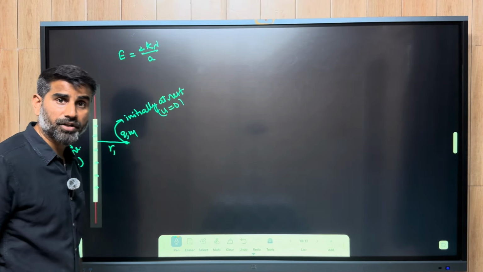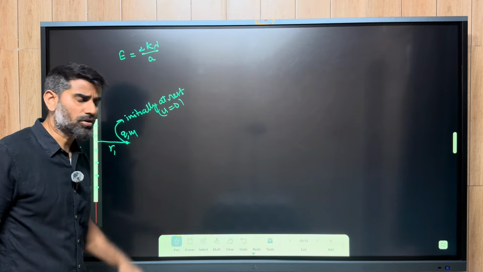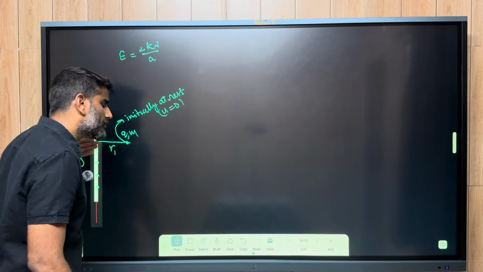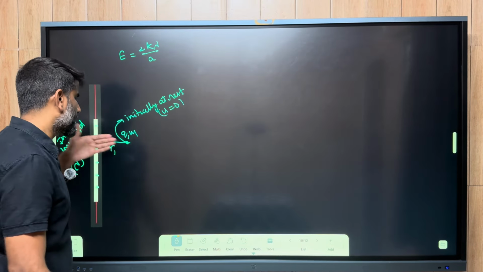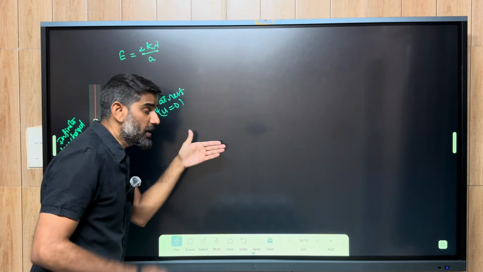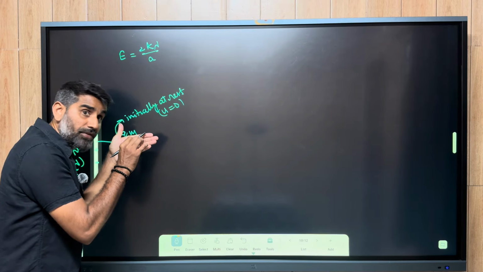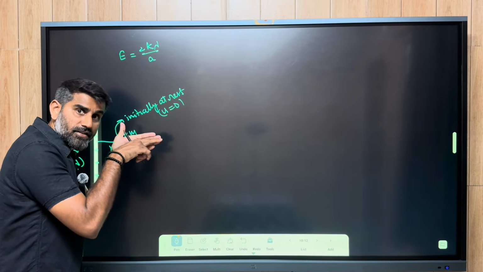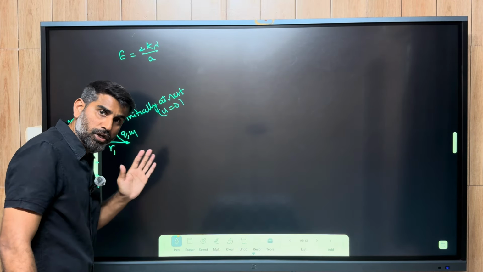The parallel component is 0, we will get only the perpendicular component. So the field is perpendicular to the rod in this direction. As the field is in this direction, I have placed a positive point charge in the field. It will move in the same direction as that of the field, right?